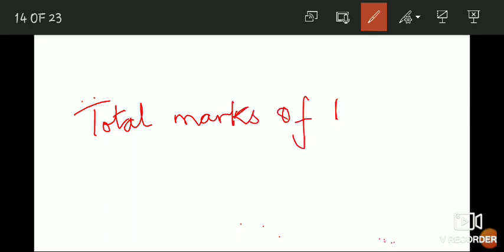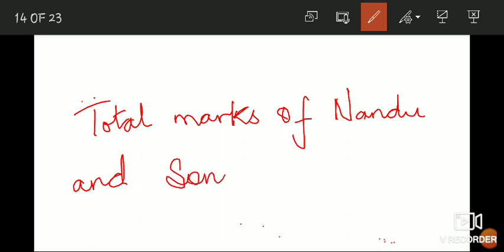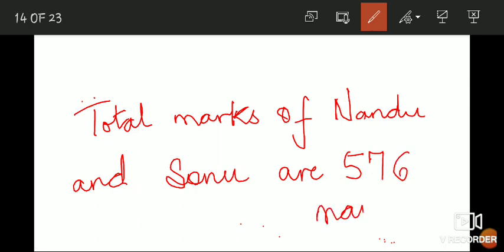Total marks of Nandu and Sonu are 576 marks.